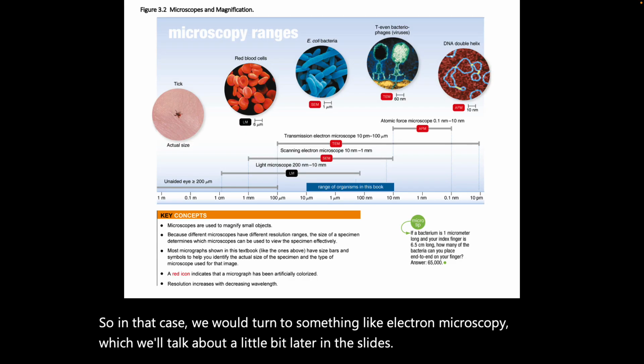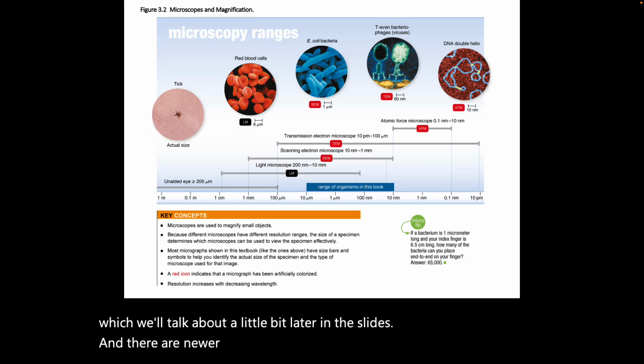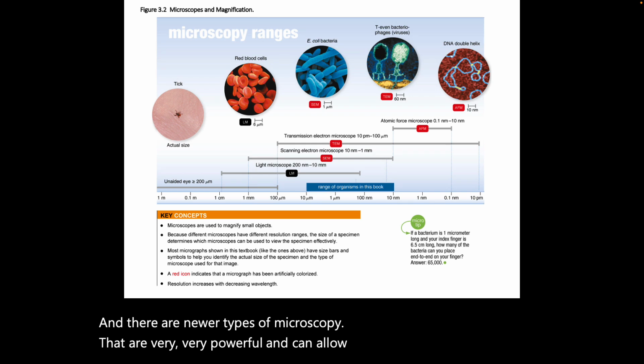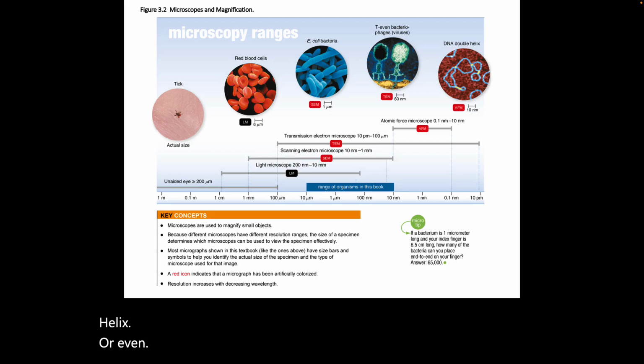And there are newer types of microscopy that are very, very powerful and can allow you to see the DNA double helix, or even the molecules deposited on the surface of a cell, the atoms, the individual units.